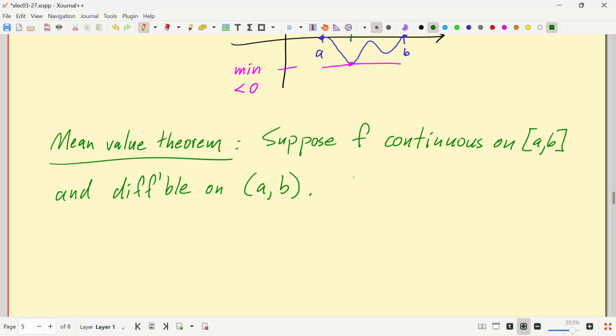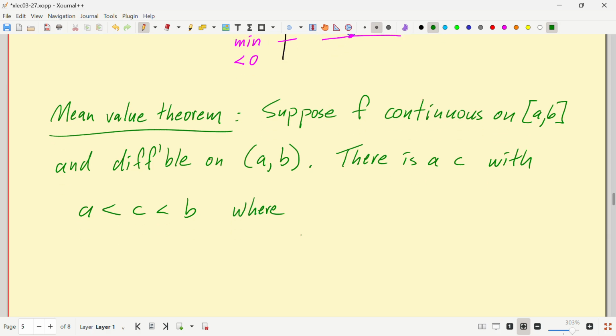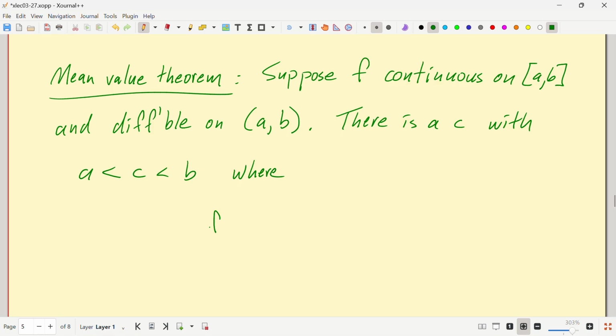Then there is a C strictly between A and B, A less than C less than B, where f of B minus f of A over B minus A is equal to f prime of C.